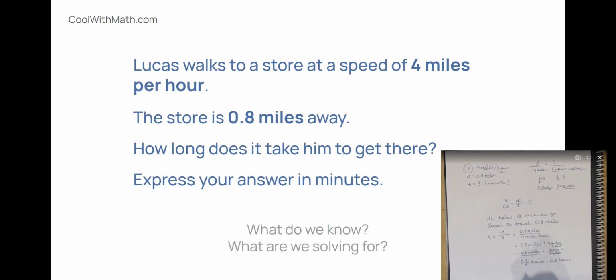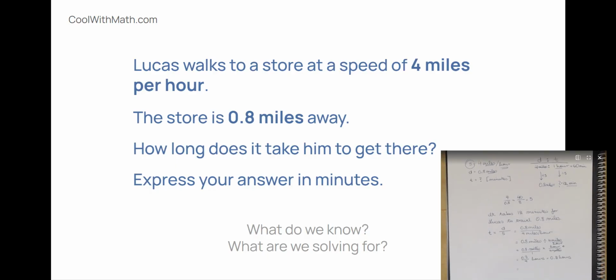And now the final step is turning 0.2 hours into minutes. Now, every hour is equivalent to 60 minutes, so I can just replace that unit of hours with 60 minutes. And we're looking at 0.2 times 60 with the unit of minutes. Now 0.2 is 1/5. 1/5 of 60, as we had earlier, is 12 minutes.